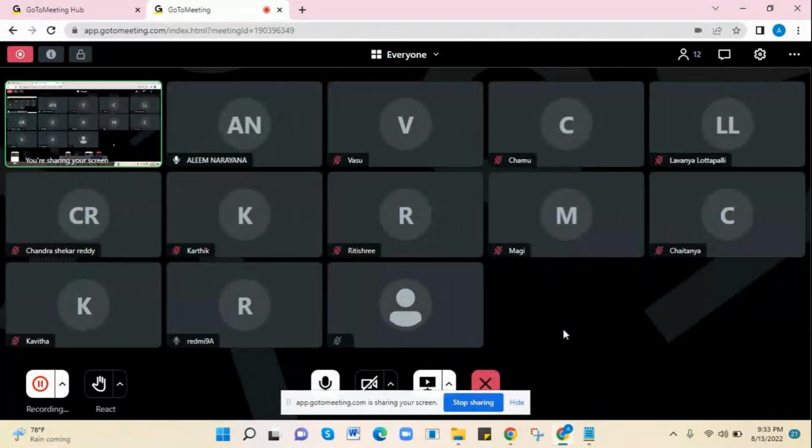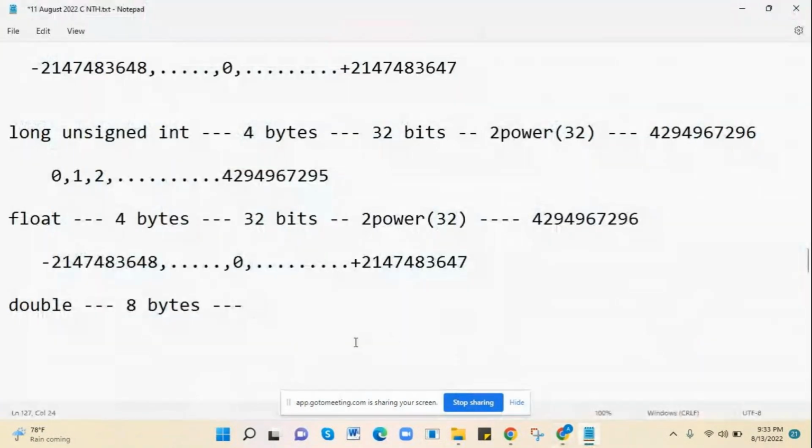But here we have 8 bytes. 8 bytes means how many bits? 8 eights are 64 bits. It means 2 power 64. So what is the value of 2 power 64?